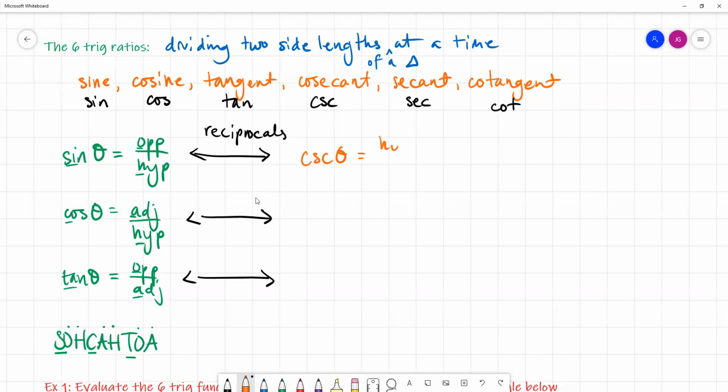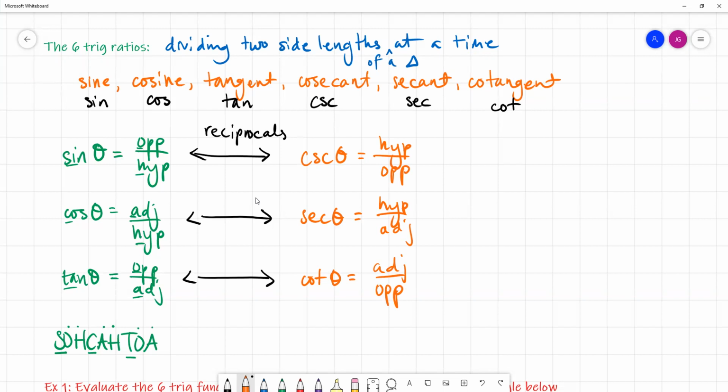So it's equal to the hypotenuse divided by the opposite side. Secant of theta is the reciprocal of cosine. So it's the hypotenuse divided by the adjacent side. And then lastly, cotangent of theta is the reciprocal of tangent. So it's defined as the adjacent side divided by the opposite side.